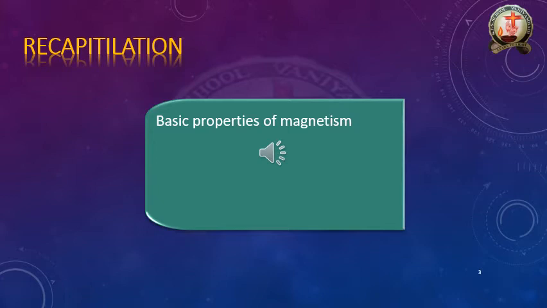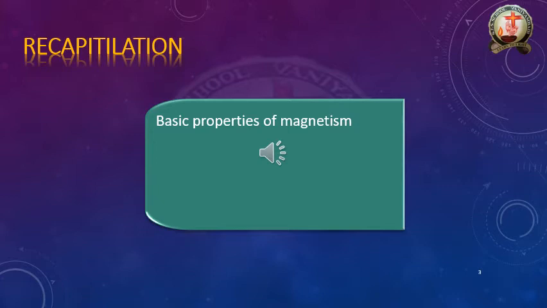And next one is the types of magnets. I told you already two types of magnets are there, natural magnets and artificial magnets. Natural magnets have very little strength, less attraction power, and do not have a particular shape and size. The example of natural magnets is iron, and artificial magnets are man-made magnets.